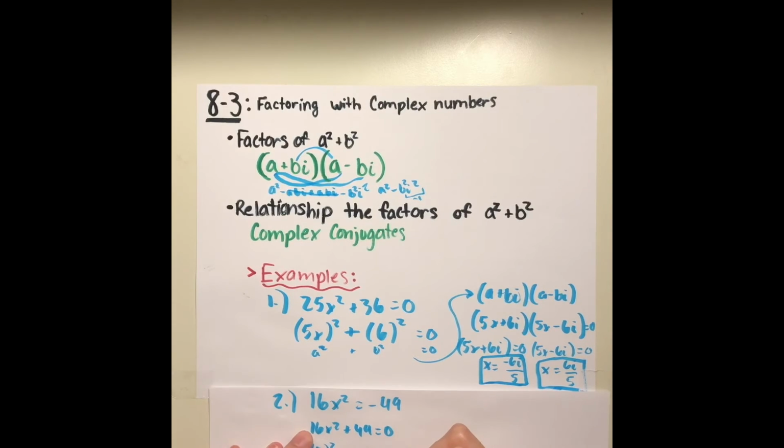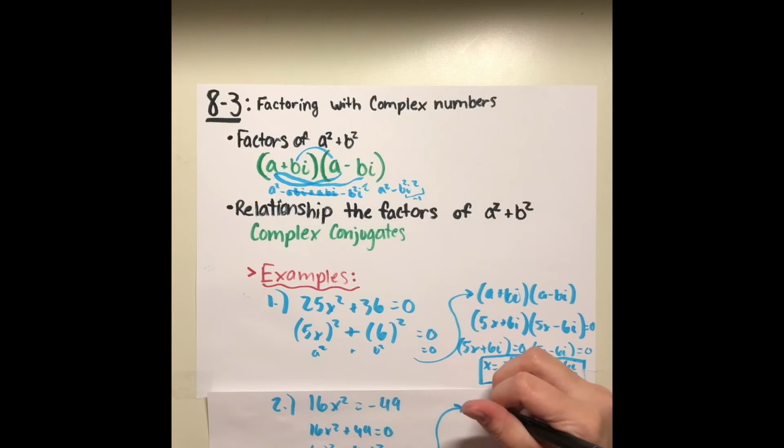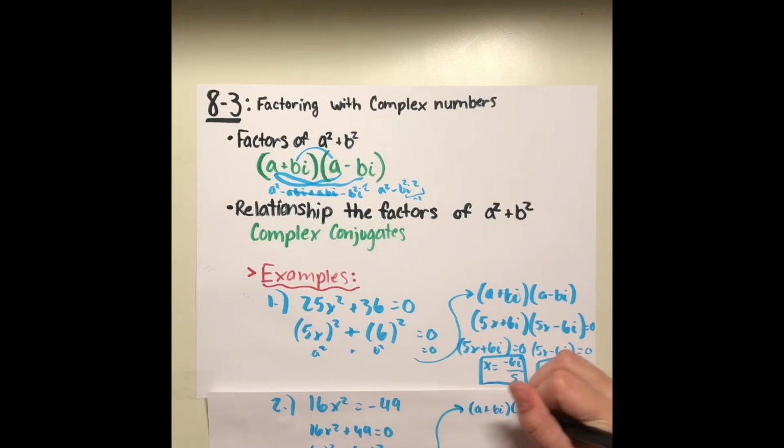And then 7 squared, 7 times 7, 49, equals 0. So this is in the form of a squared plus b squared. And now we want to put it into the a plus bi times a minus bi, so it's factorable.